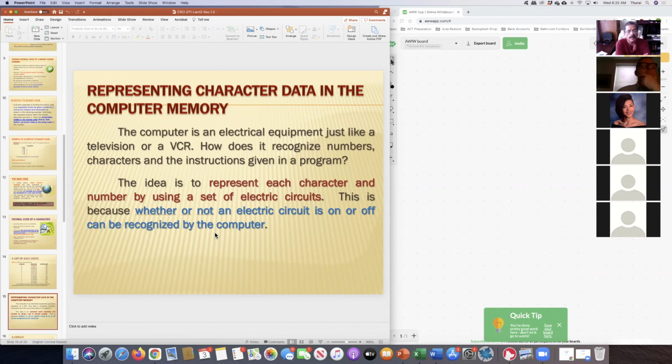And so that means if we can represent everything in our world using two things, then we can represent everything inside the machine. That's where the idea of computer originated, and that's exactly what we are doing in the memory of the computer. We are turning circuits on and off in a pattern to make the system recognize our characters.